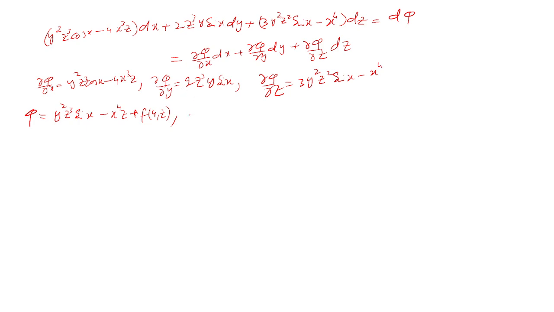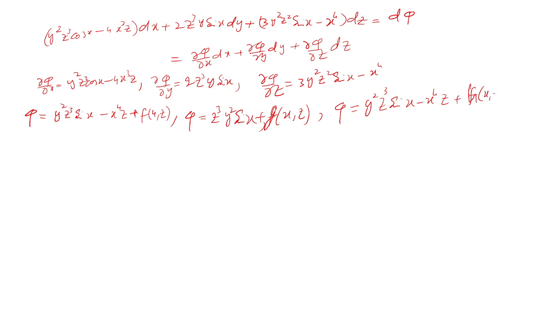Now integrate this one with respect to y, so phi is equal to z cube y square sin x plus some function of, let's take this to be g of x and z, and this will be integrated with respect to z, so phi is equal to, with respect to z, so that is y square z cube sin x and x4z, and plus some function of, let's take it to be h of x and y.